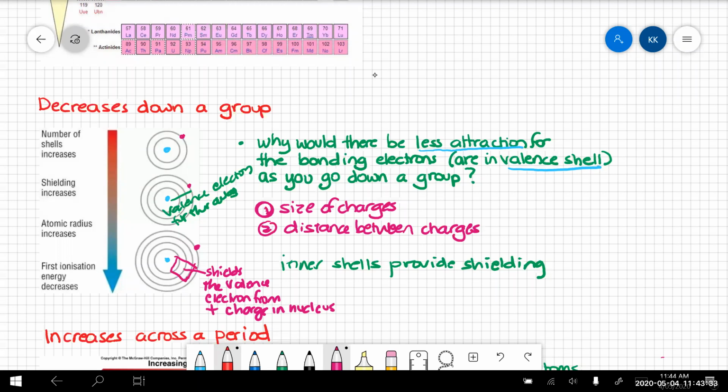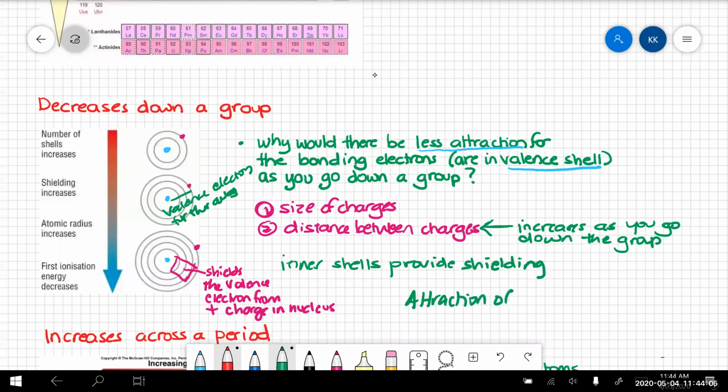So not only does the distance between the charges increase as you go down the group, but you also have the inner shells providing shielding. So overall, the attraction of the nucleus for the valence electrons is less.